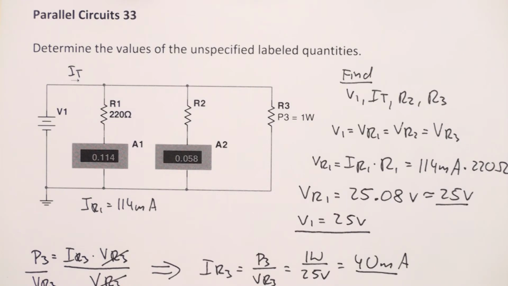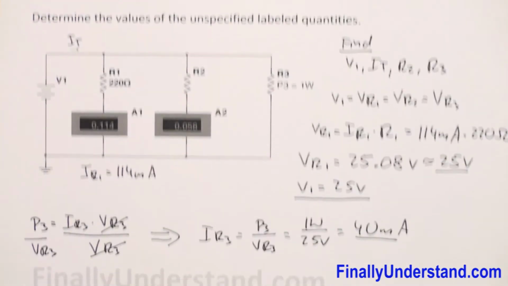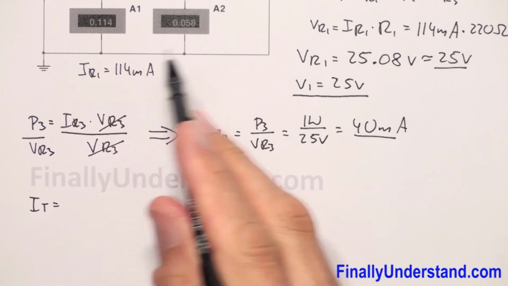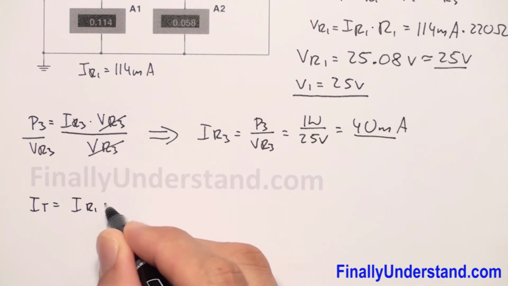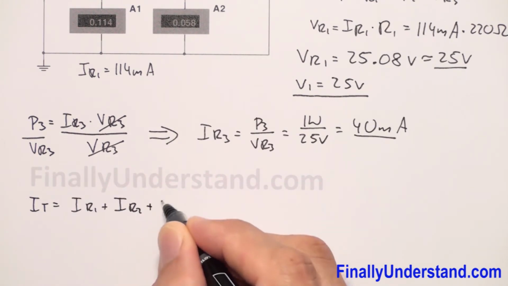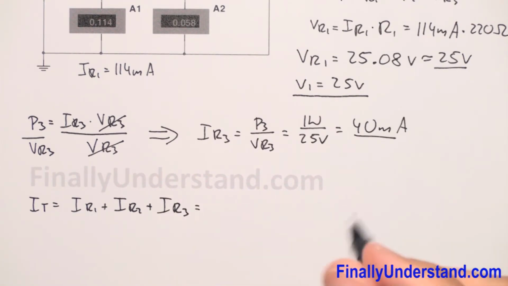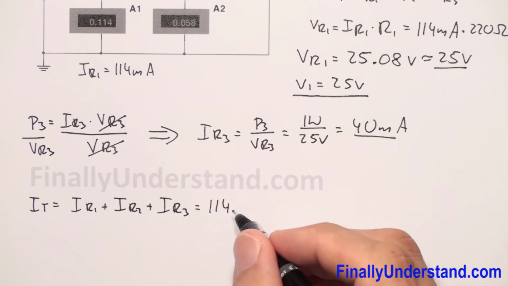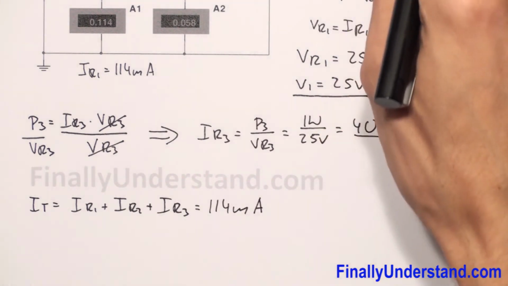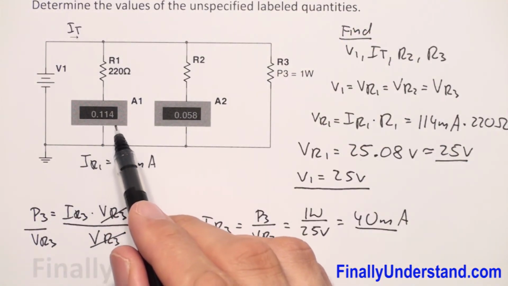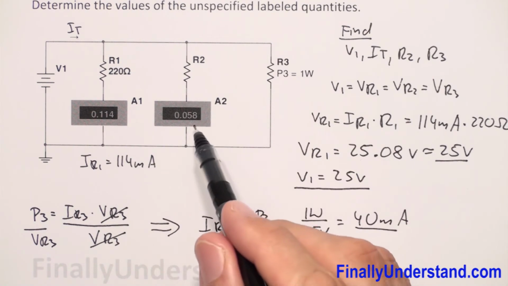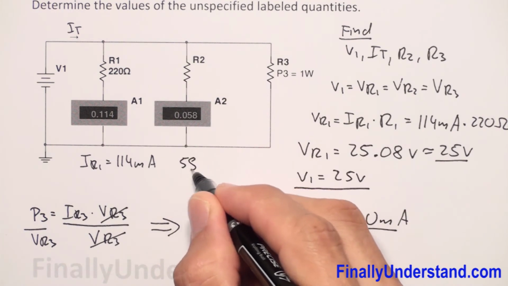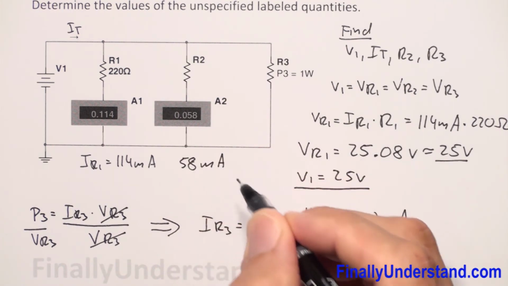So I total in the parallel circuit is the sum of all currents in the circuit. So I have IR1 plus IR2 plus IR3, where IR1 is equal to 114 milliamps. This is the current which goes through the resistor R1. Resistor R2 has the current 58 milliamps over here, right?